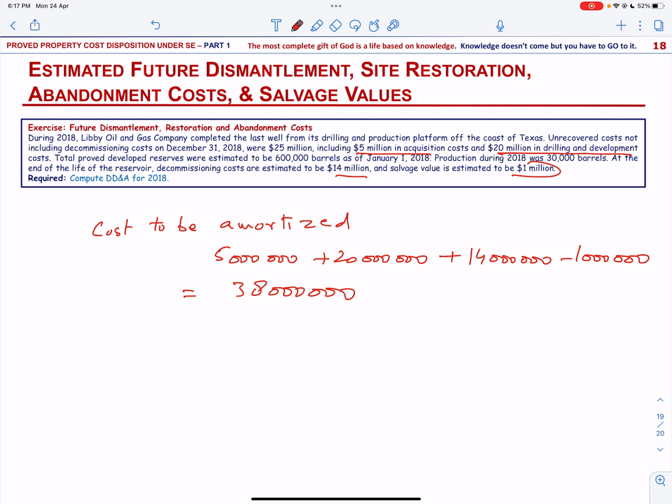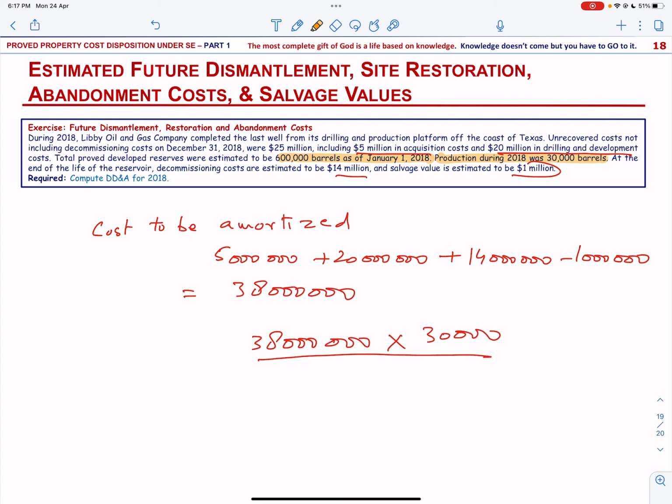So the cost to be amortized is 38 million times production during the year, which is given as 30,000 barrels, divided by total proved developed reserves estimated to be 600,000 as of January 1.